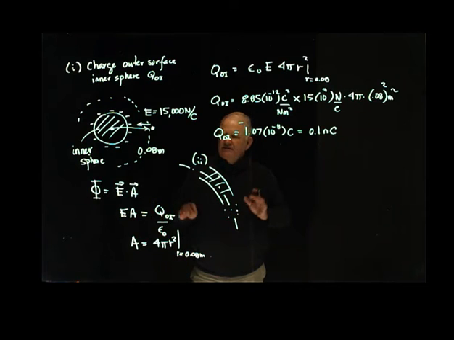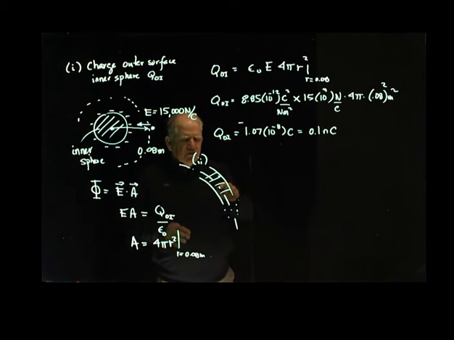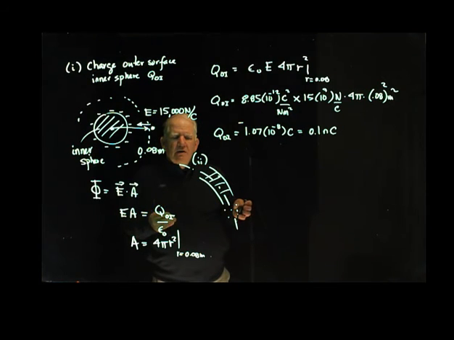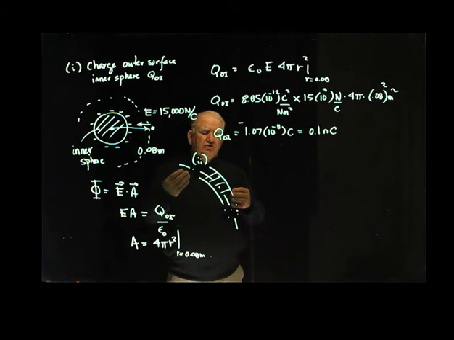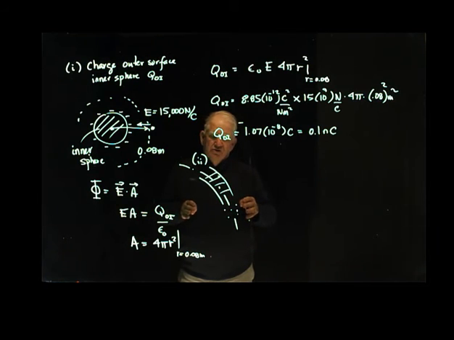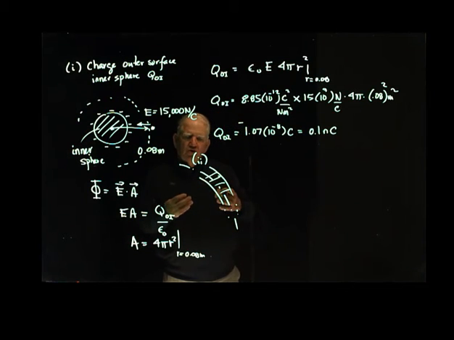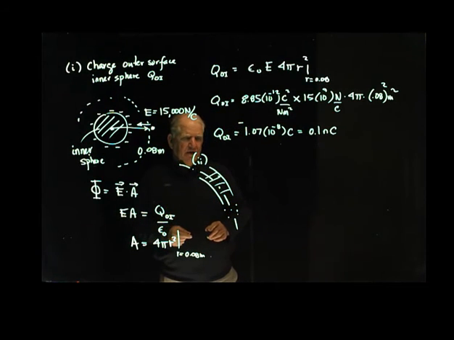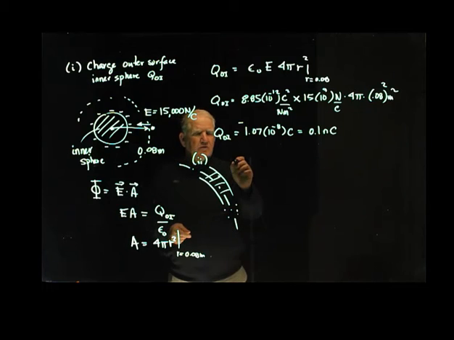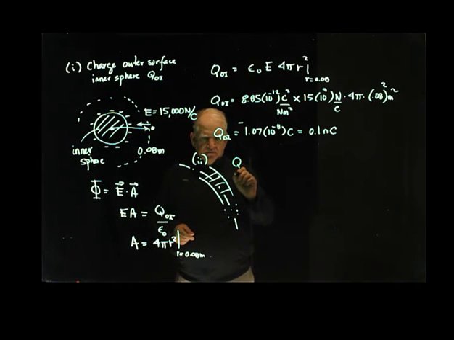In this case, it does a little bit more, because we happen to know what the electric field is on that Gaussian surface. It's zero, because the charge on the conductor is only on the surfaces. So if E is zero, the flux is zero, and that says that the total charge enclosed in this particular Gaussian surface is zero.